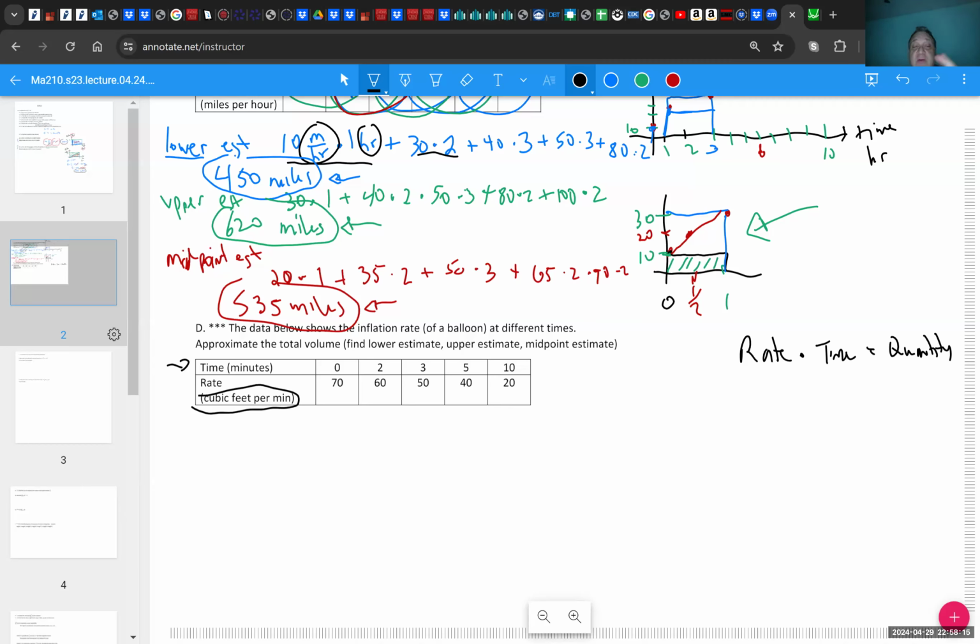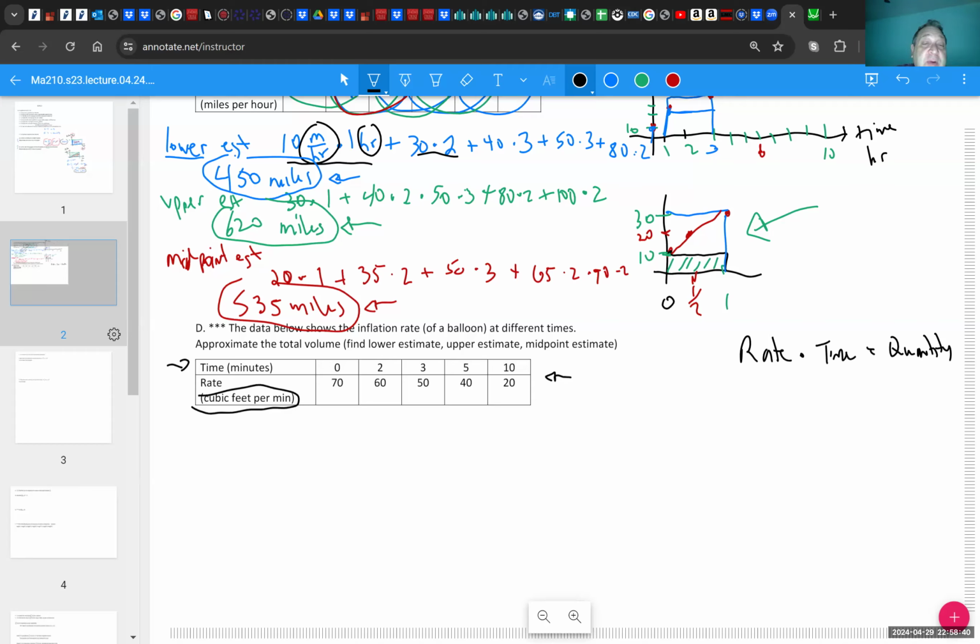So it's how much volume of air is being pumped into this balloon at various times. So in the very beginning, when we start our pump, we have 70 cubic feet per minute being pumped into this balloon, and the rate decreases over time. So we have different rates depending on how long we've been pumping up this balloon.